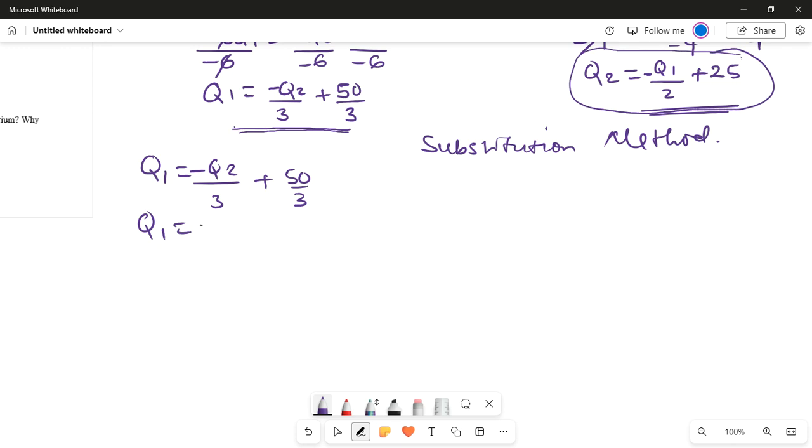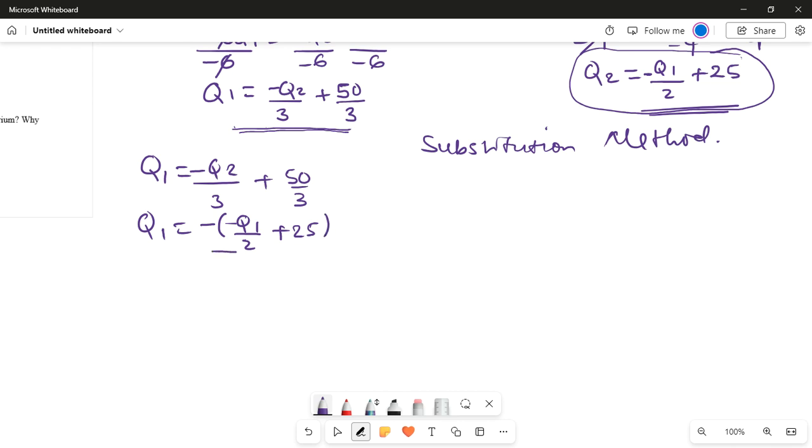So it's going to be minus Q2 over 3, which we know that our Q2 is this term here. So it's going to be minus, open brackets, minus Q1 over 2 plus 25.